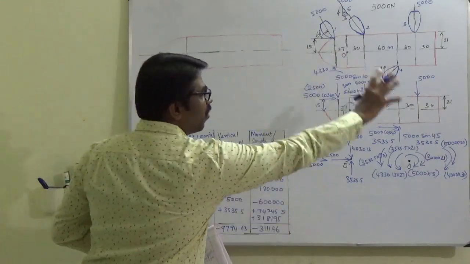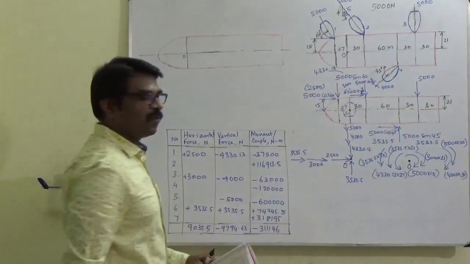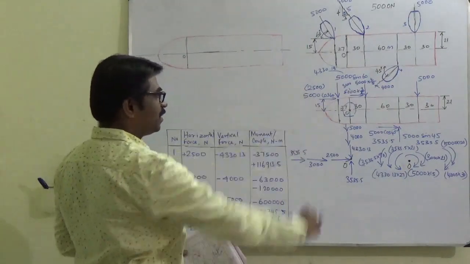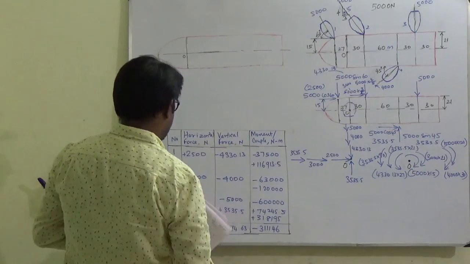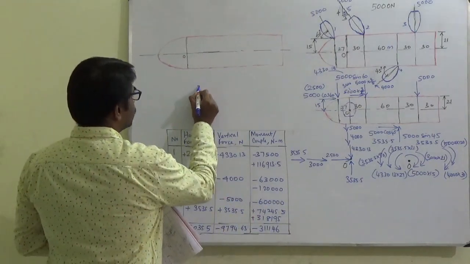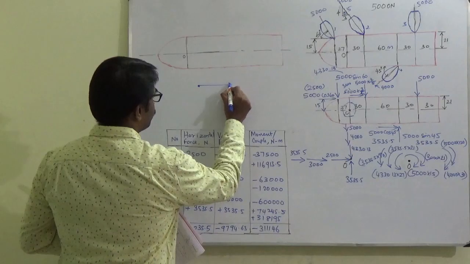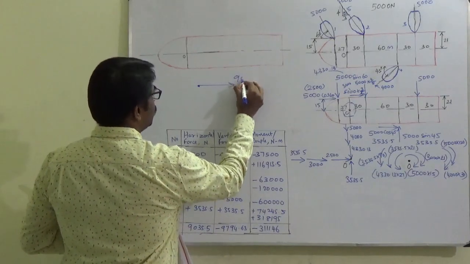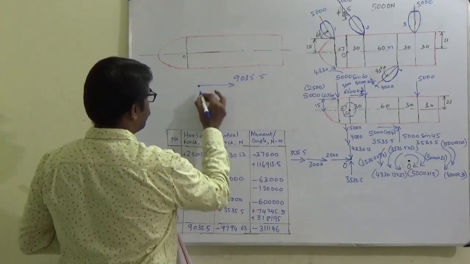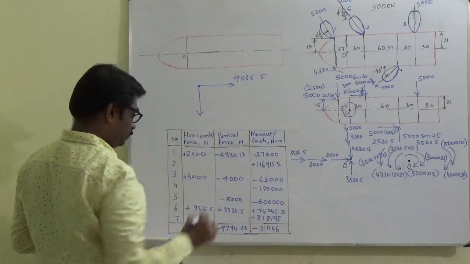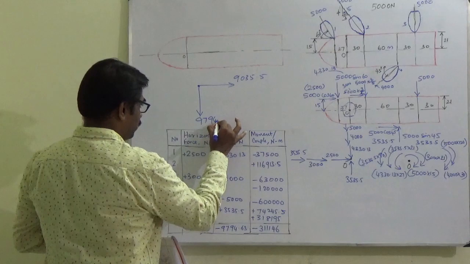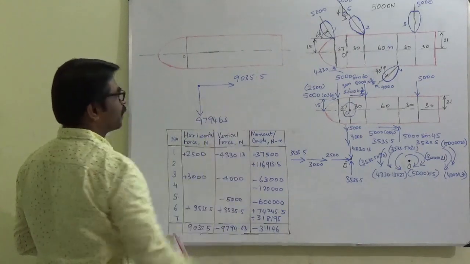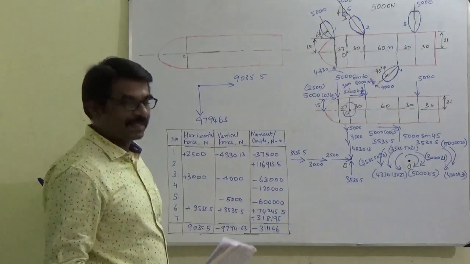Replacing all these forces, we have to place only one single force and a single couple. Okay, see here, this is 9035.5 and 9794.63. Okay, find out the resultant.